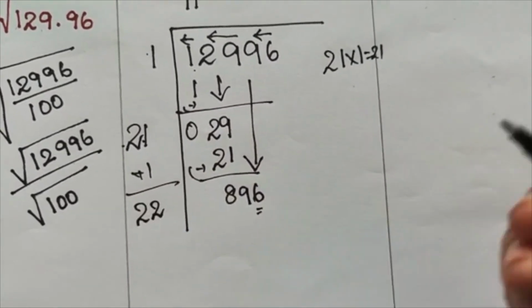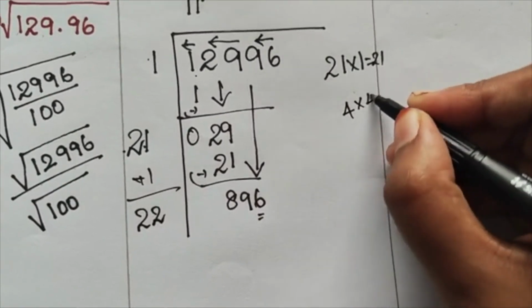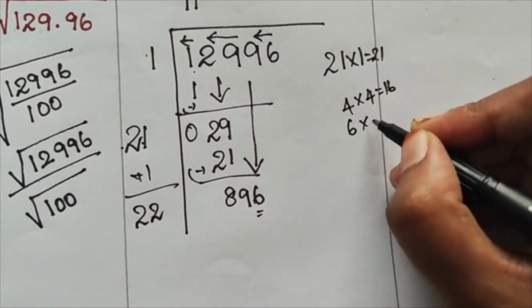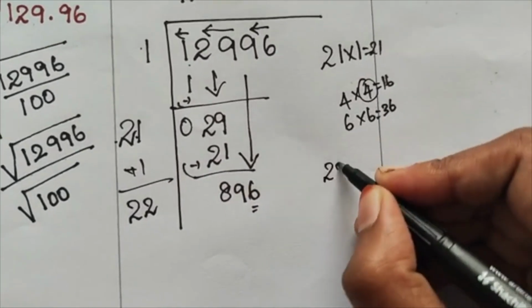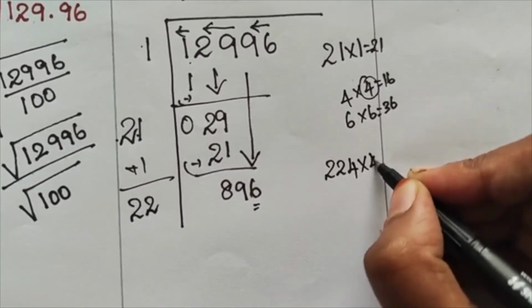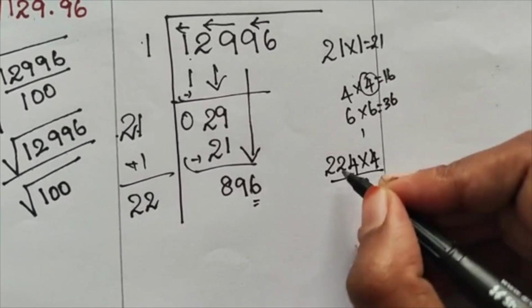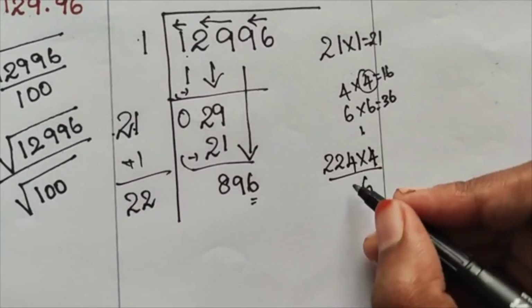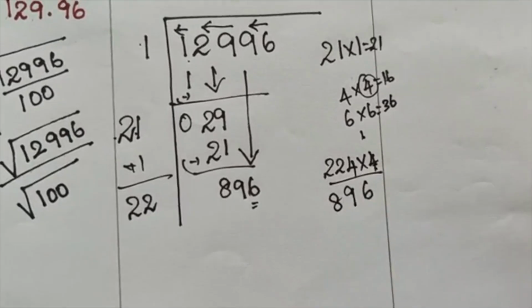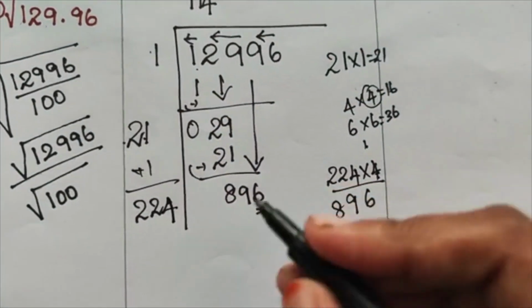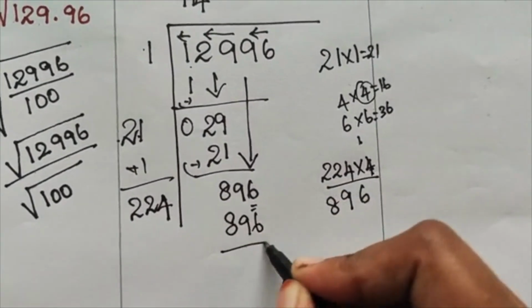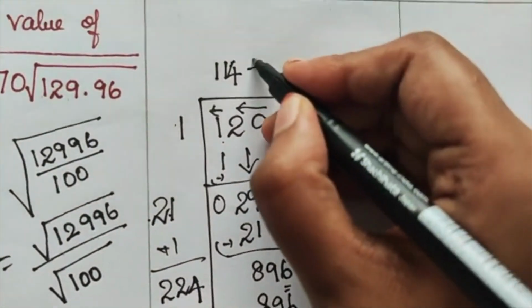Since it ends with 6, we know that 4 4s are 16, 6 6s are 36. Let me go with 4. So 224 into 4. 4 4s are 16, balance 1. 4 2s are 8 plus 1, 9. 4 2s are 8. 896. So we got the answer 896. The answer is 0. So this is the quotient we got.